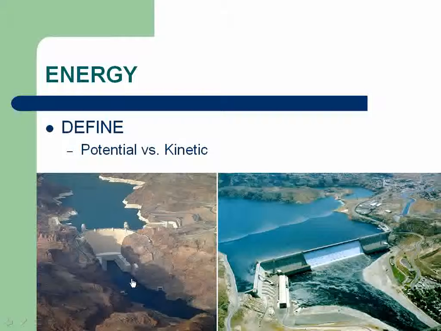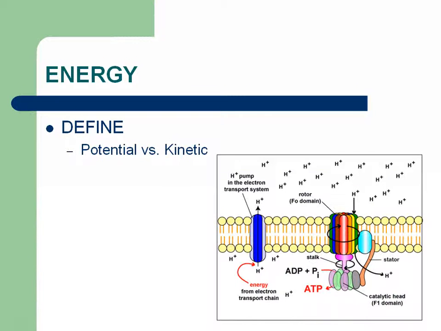Now, just like that water behind the dam, there are ions concentrated on one side of a membrane, and they have potential energy that can be released by opening the gates in the membrane.